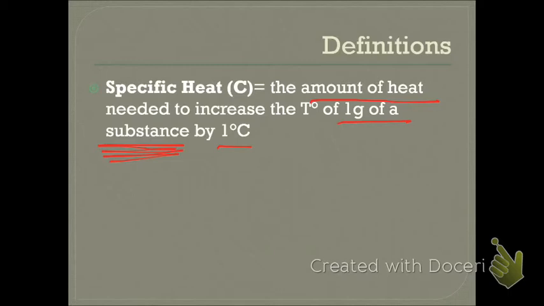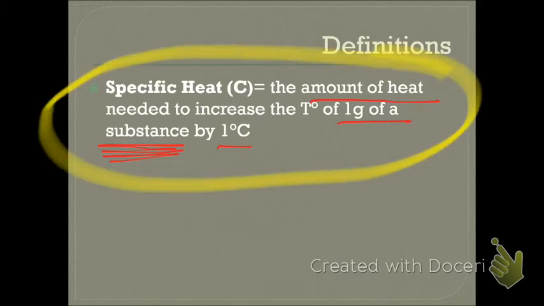This is what we call specific heat. Make sure you understand the difference between specific heat and the calorie. Whereas the calorie symbol is cal, specific heat has a symbol too, which is a capital C. Not only do you need to know these terms, you also need to know their symbols.